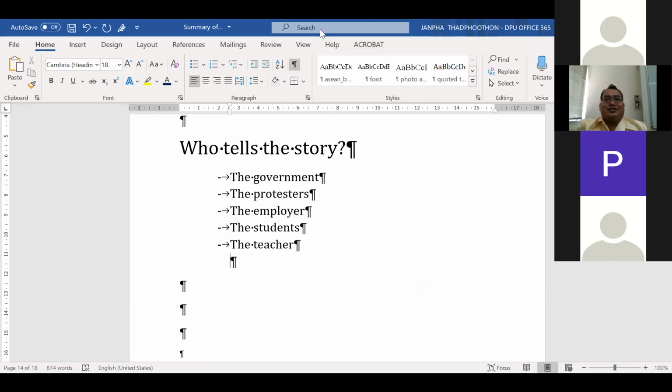So, Nacha, who tells the story? It's really important in narrative. If you tell the story, you have the ability to control the signs, symbols, and meaning. I'm sure you can think about if the story is being told by the police and the story being told by the protester, do you think the story will be the same?